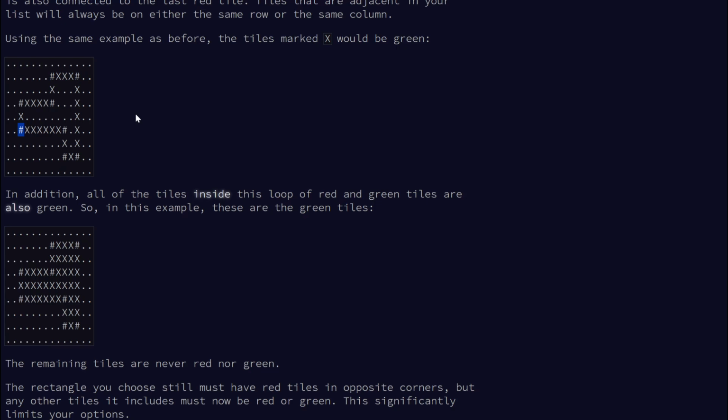Only when I draw the last line do I know for sure which way was clockwise all along. Let's say I started here and I was going this way. I still don't know. For all I know, this part is the shape, and we're about to go like this to connect back up.